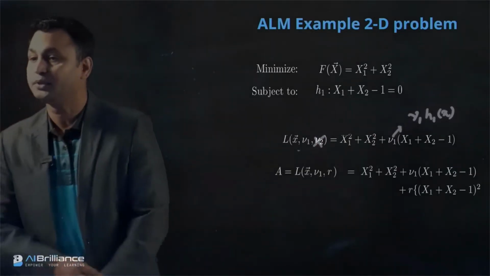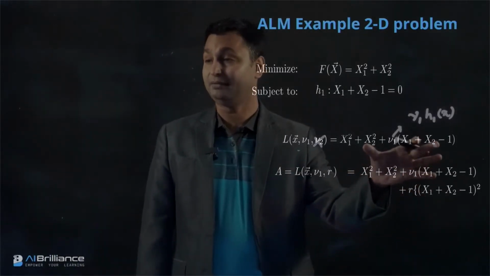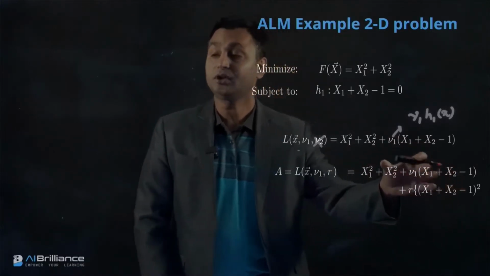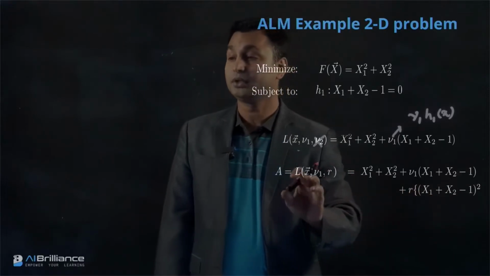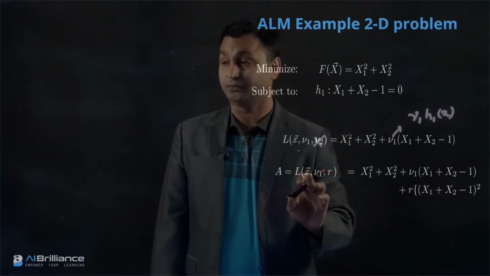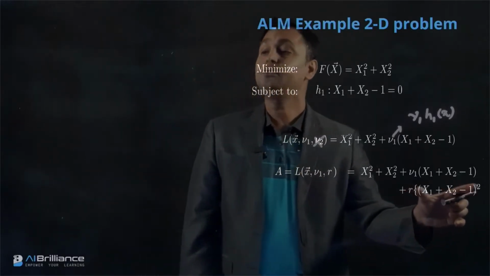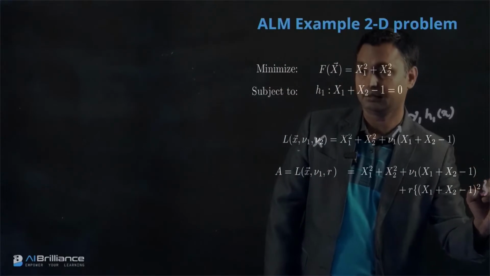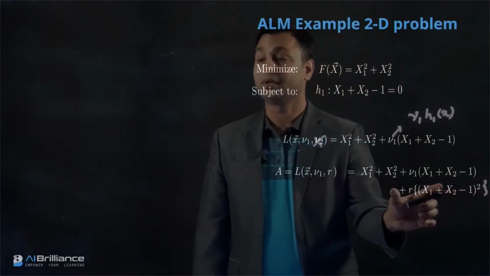So with this formulation, the augmented Lagrangian function will essentially look like this. It will have the Lagrangian, so it will have this term that is right here, but on top of that you will also add an additional term in which you are introducing a new variable r on top of nu1, which was already there in the Lagrangian. You essentially have a term which takes the equality constraint and squares it and then multiplies by r.